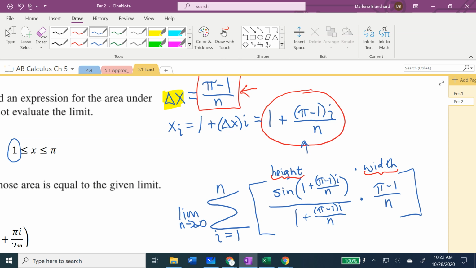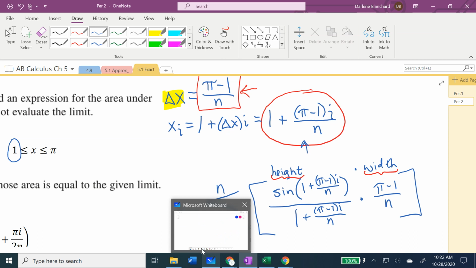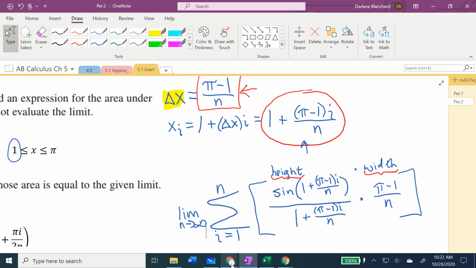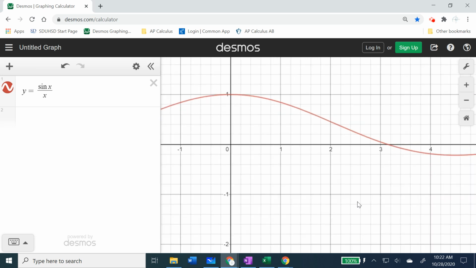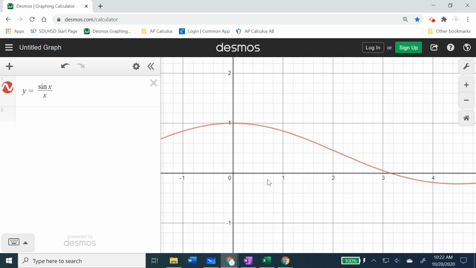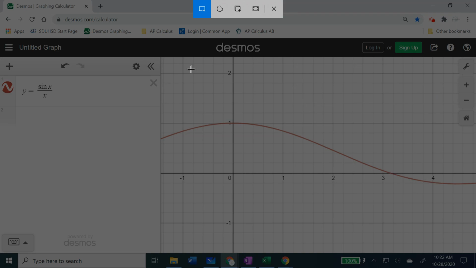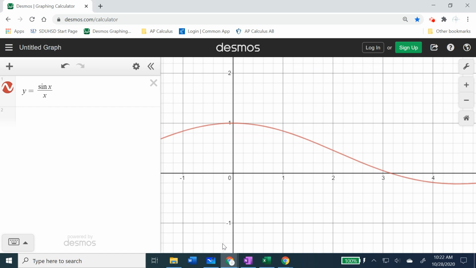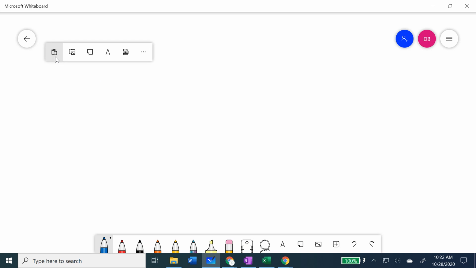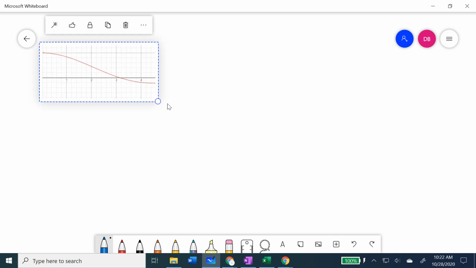And let's look at what we actually just did. So I've got a Desmos ready. So here I have the graph of sine x over x. I'm going to take a screenshot of it because I'm not prepared to color the section. Probably could have pre-prepared something to make it do it, but I'm going to paste it over here and color.